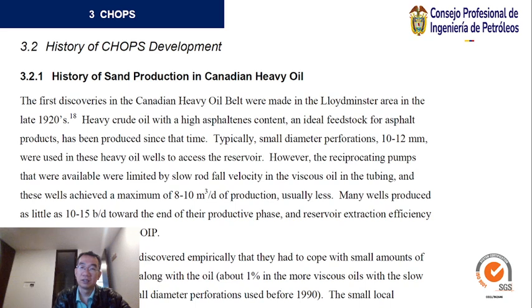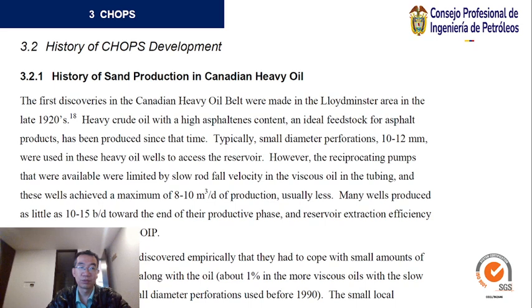However, the reciprocating pumps that were available were limited by slow rod fall velocity in the viscous oil in the tubing, and these wells achieved a maximum of 8 to 10 meters per day of production, usually less.